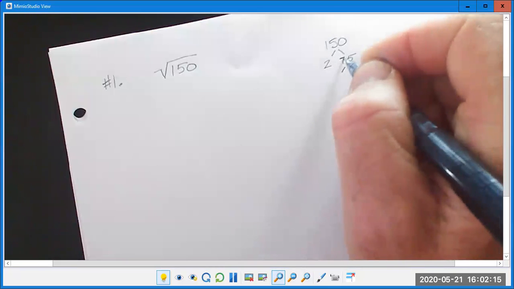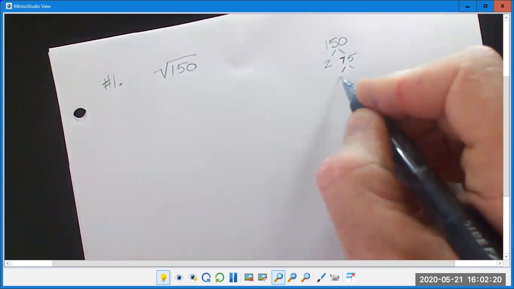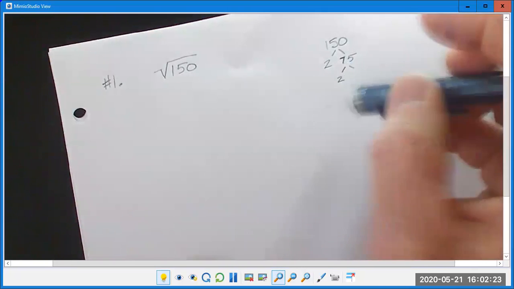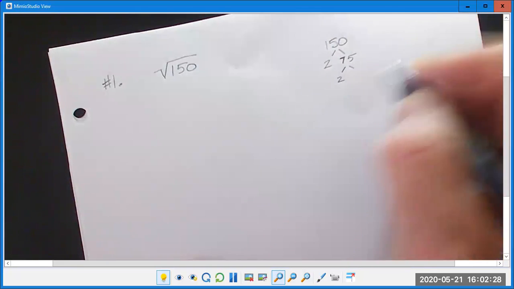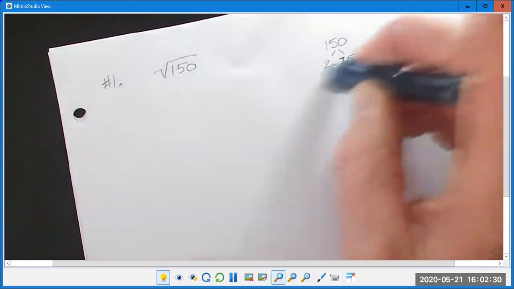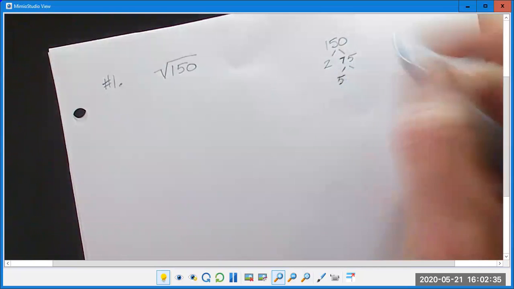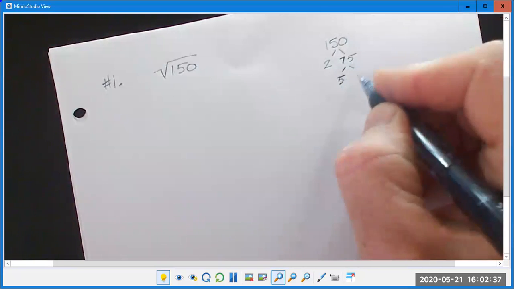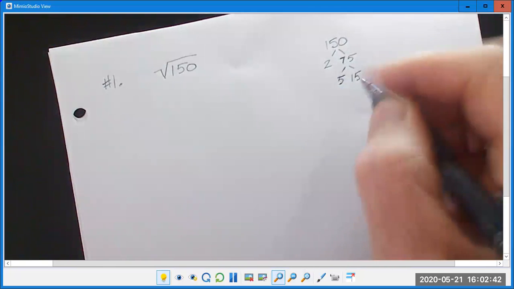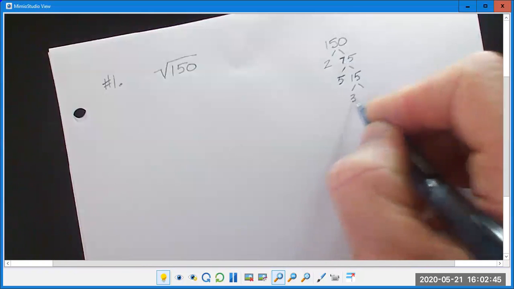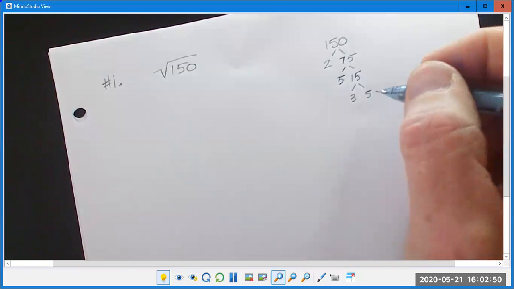Anything that has a 5 or a 0 is divisible by 5. So 5 goes into 75 15 times. 15 breaks down to 3 times 5, and then there's nothing else that I can do, okay?